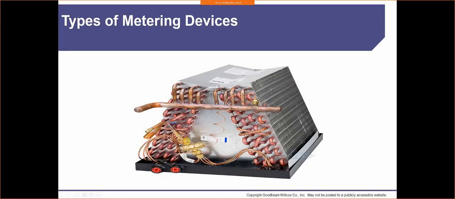Here we have a TXV hooked up, and so we've got the sensing bulb right here, the TXV getting ready to do its thing. And then up here, we just have another line connected to it, and that's just helping the TXV really find an equilibrium to know how it's operating on both sides of the system.